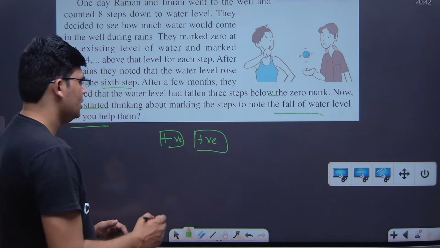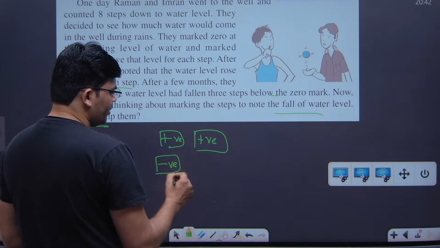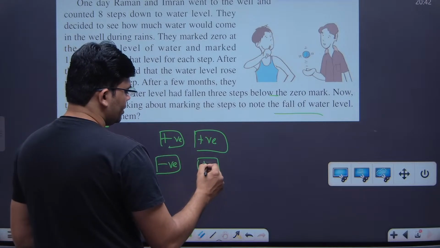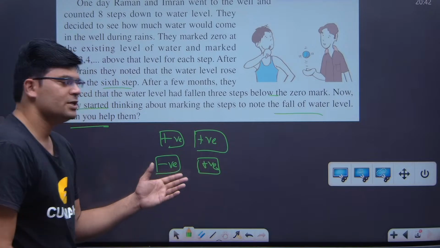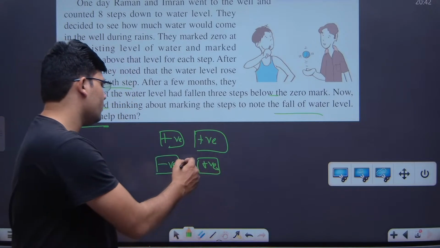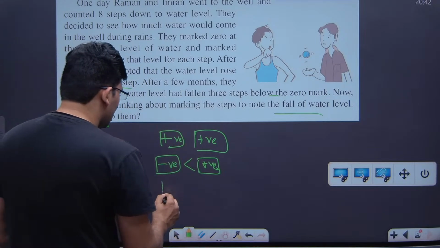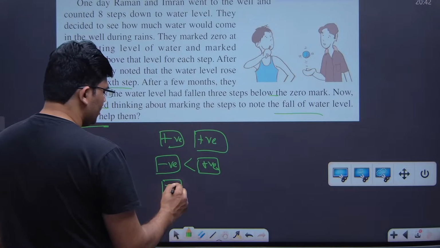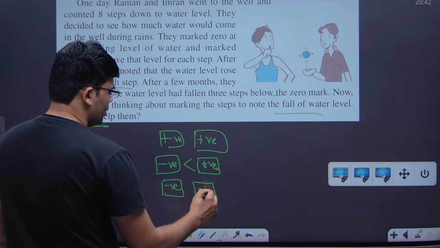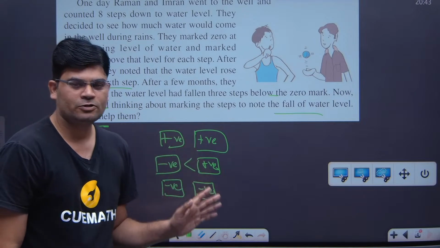Now there may be a situation in which one number is negative and one number is positive. In such a case, the positive number is always greater. Now sometimes you may come across two numbers which are both negative. In this case, the number with the higher value is actually smaller.